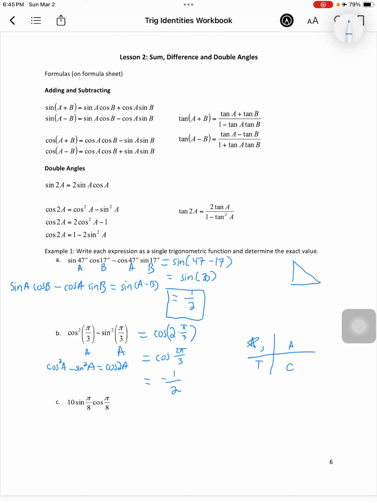So we have 10 sine pi over 8 times cos pi over 8.